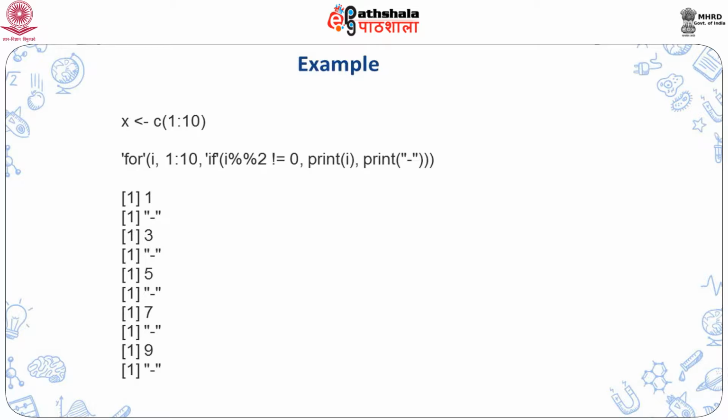So, if they are odd numbers, then we need to print the values of i, and otherwise we need to print a dash. We have come across these kinds of functions before, but we haven't used these operators before. So, this is the output we are having: all the odd numbers from 1 to 10, and in place of the even numbers we are having a dash.